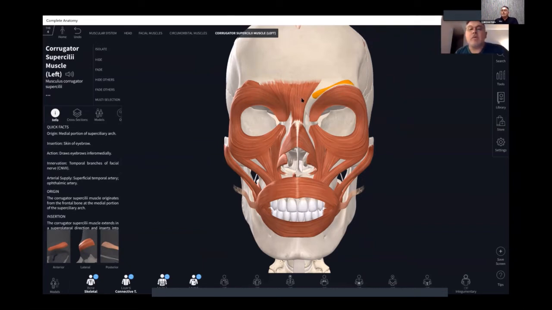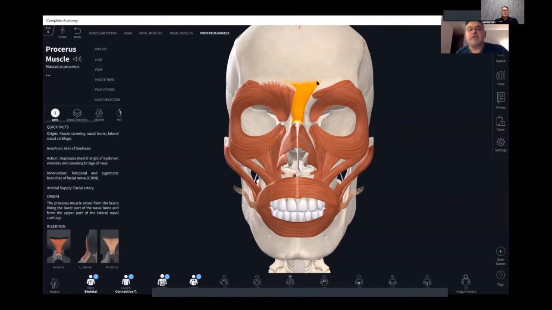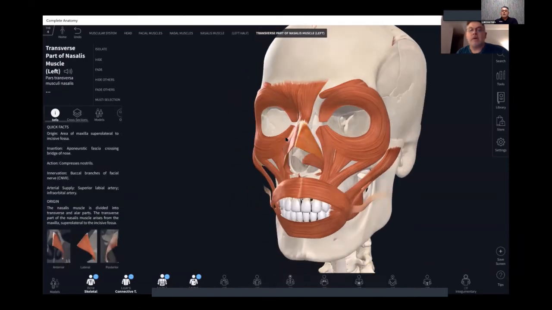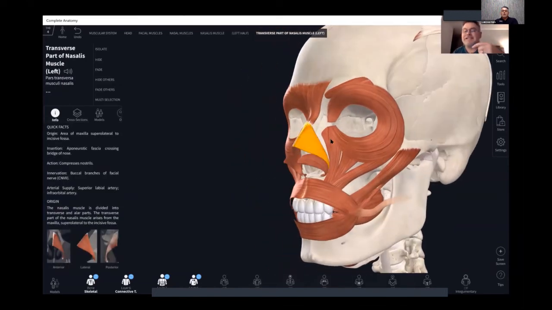As we move more medial here, we'll get to the procerus, again, just right here. Its origin is the fascia covering the nasal bone and the lateral nasal cartilage, and it inserts into the skin of the forehead. We move a little bit further distally, we'll get to the different muscles of the nasalis.